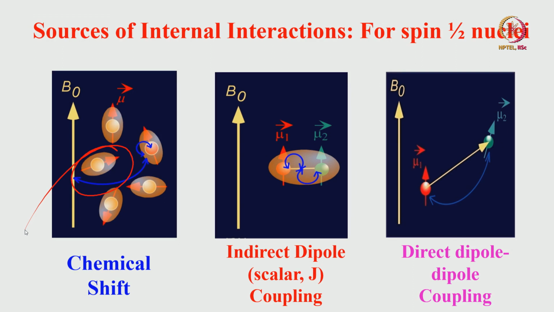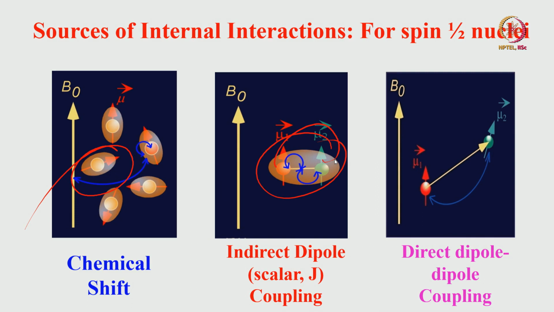We will understand more as we go further. We also get interaction of one nuclear spin with another nuclear spin, where the polarization of one nuclear spin is transmitted to the other nuclear spin, mediated through covalent bonds. That is called scalar coupling, also called J coupling, also called indirect dipole coupling. There are several synonyms for it, but the concept is the same.